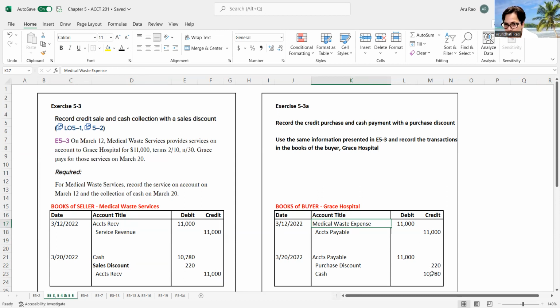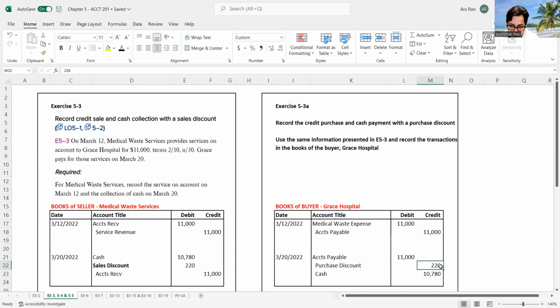Now, again, from the buyer's point of view, you could say, why bother paying within 10 days? Why not wait for the full 30 days? Hang on to your cash. Well, the argument is you can pay $220 less. If I'm a good customer and I always make my payment within that 30 days, why not pay it within 10 days and get $220 off? That is a significant savings.